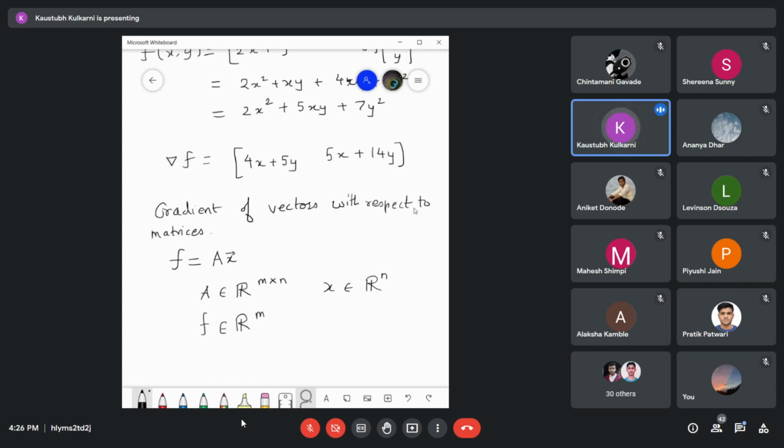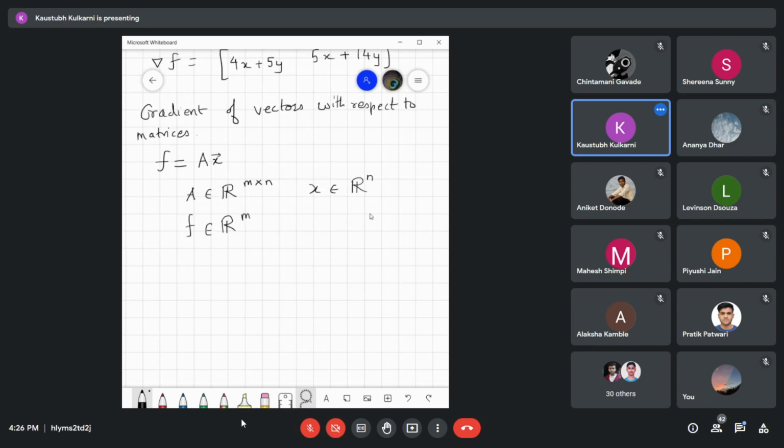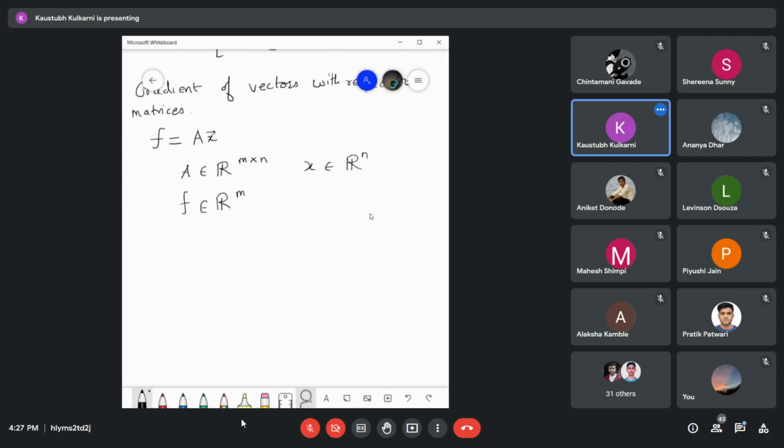Now let's find the derivative of this with respect to A. Now dou f by dou A, so to calculate dou f by dou A, we'll first have to write this down as fi.